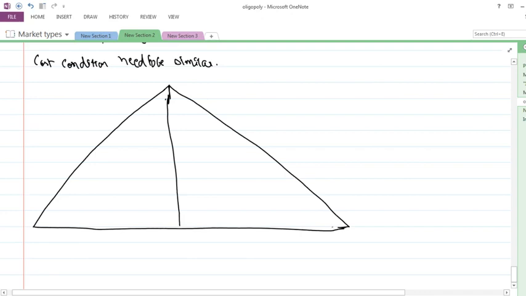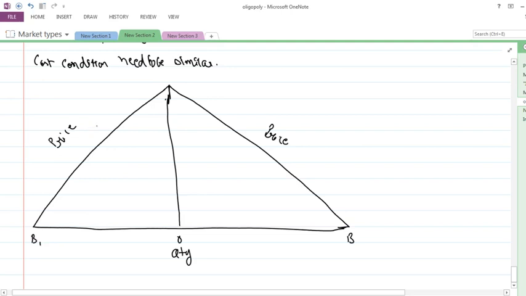So here we are seeing the price, and here we have the quantity. This is the point of origin. This is B dash or B1, and this is B.